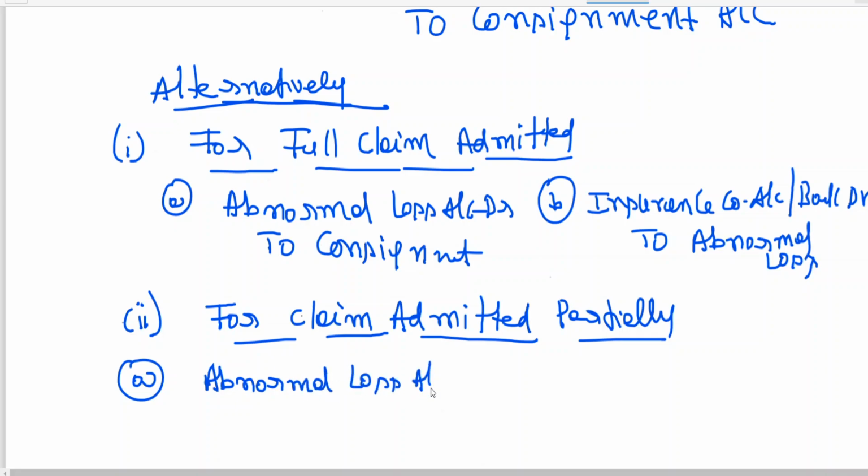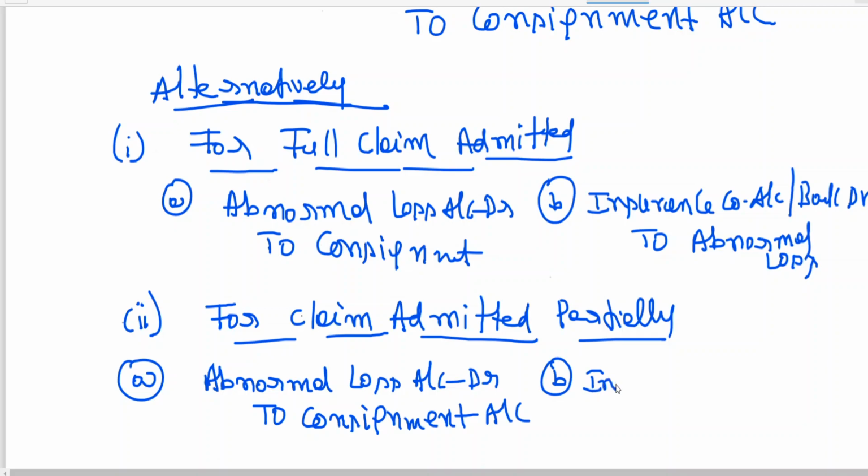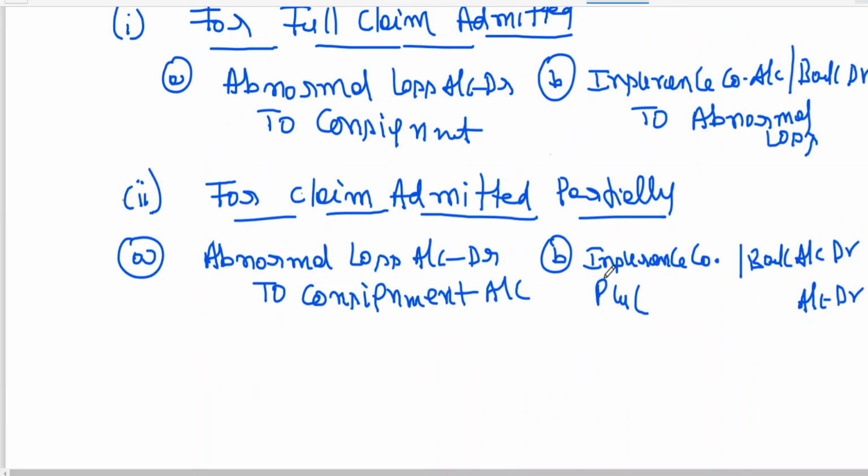Abnormal loss account debtor to consignment account. Okay. B: Insurance company or bank account debtor, profit and loss account debtor to abnormal loss.